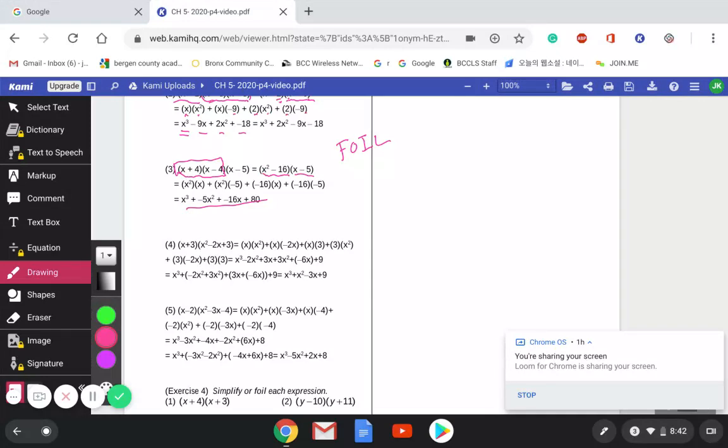And we'll distribute 3. So x with x squared, x with a negative 2x, x with a 3. And then you finish with distributing the second term 3. Now 3 with this, 3 with that, and 3 with this. So x with x squared is x cubed. Plus x with a negative 2x is negative 2x squared.